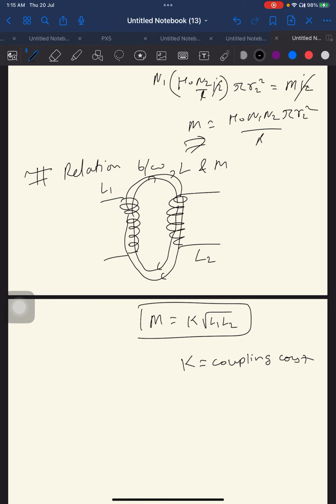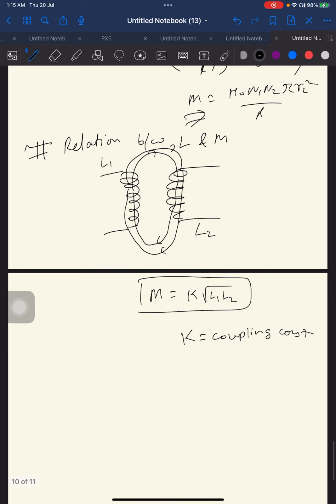For example, if 100% of the flux in one coil goes into the other, K will become 1. Suppose we take a core with a coil here and a coil here, such that no leakage is there.